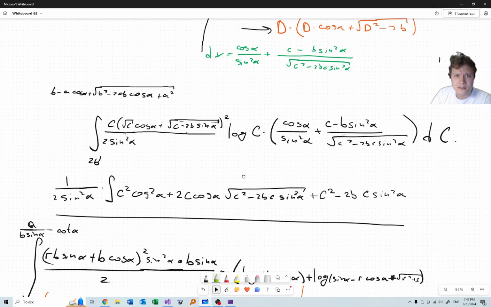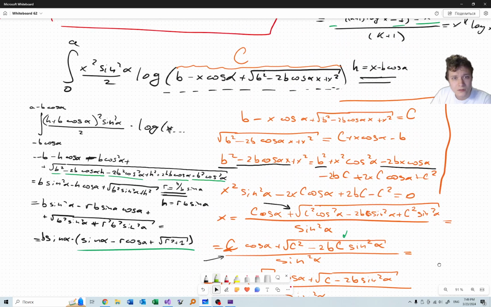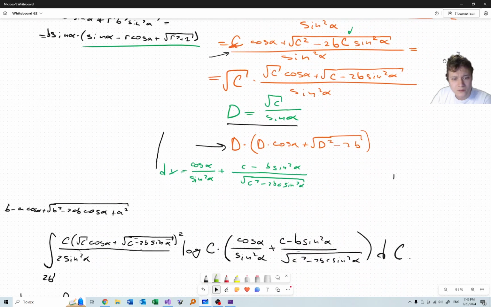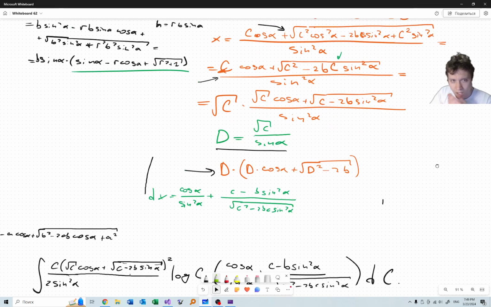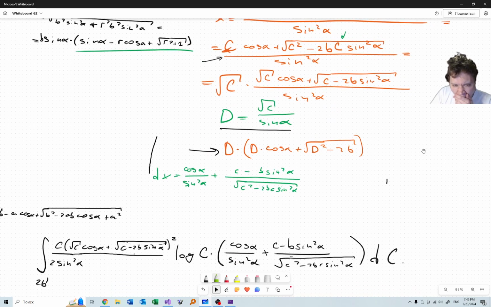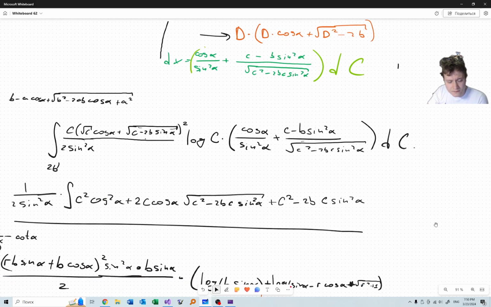Is it under the logarithm or not? It is not under the logarithm. Dx is this times dc. So what I wrote here is this times dc.